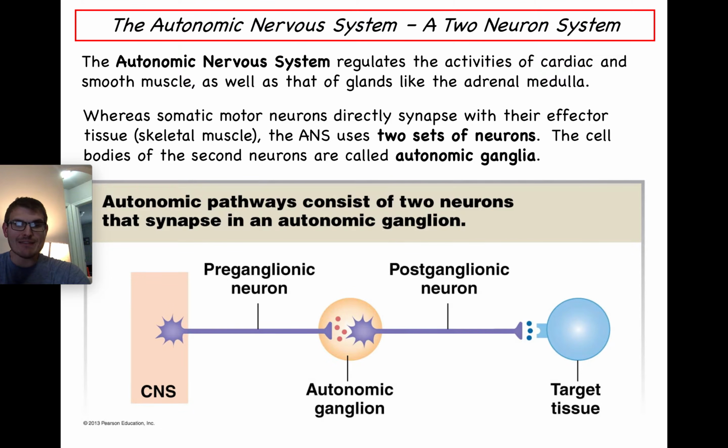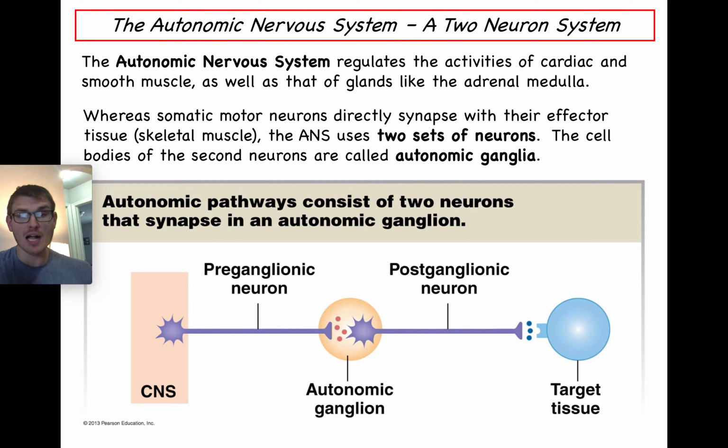So if your effector is skeletal muscle, the type of motor neuron you're going to use to get that information there is called a somatic motor neuron. That's easy to remember. Somatic meaning something you're consciously aware of. You're aware of pulling your leg away from the creepazoid that's tickling the bottom of your foot with a feather, right? So to get information to skeletal muscle, we use somatic motor neurons.